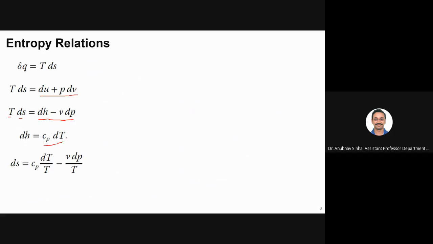If you take this T to the RHS, it will go in the denominator. dS will be Cp dT by T minus VdP by T. Now if I use the equation of state here, since it is a perfect gas, it should also follow the equation of state. If you combine this, instead of VdP by T, I can write R dP by P. This is just an elimination that you can try and see.